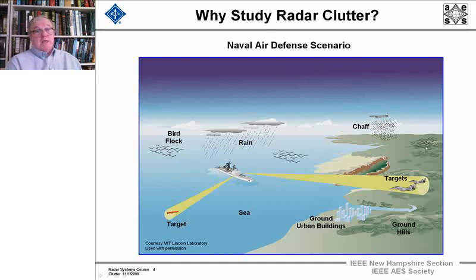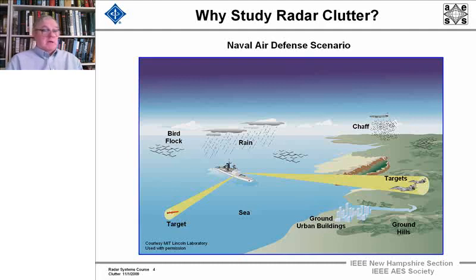More birds over land. They might be migrating. They can be at altitudes as high as 17,000 feet in some cases when they're migrating from one continental area to the other. And when they're doing that, they're in flocks, so they're very complex targets. And when we talk about ground clutter, which we will, there's an awful lot of different kinds of ground physically that you can backscatter off of.